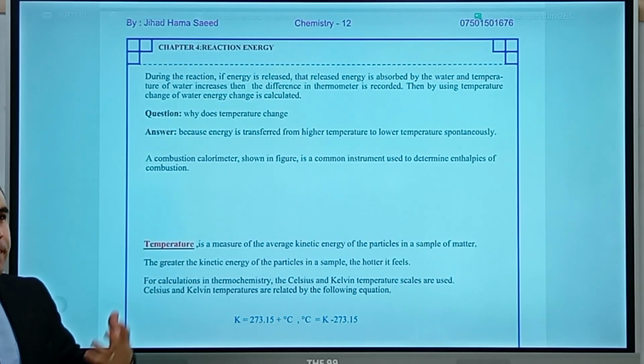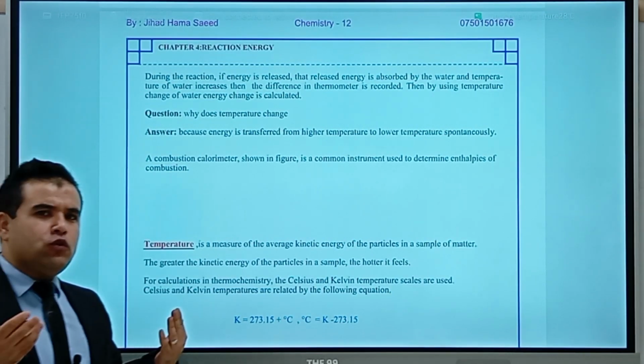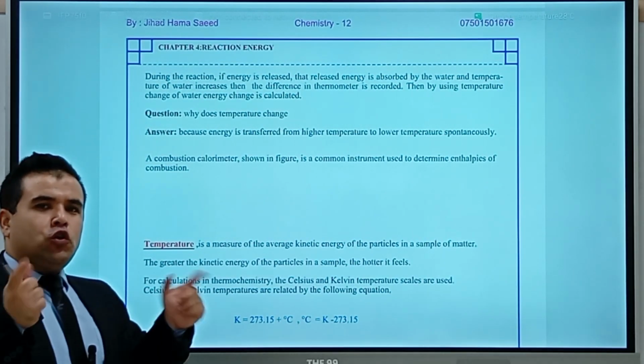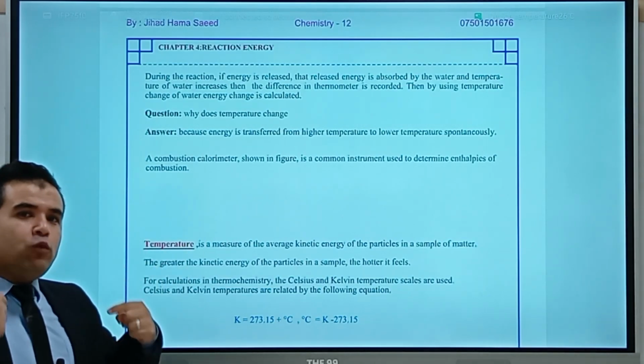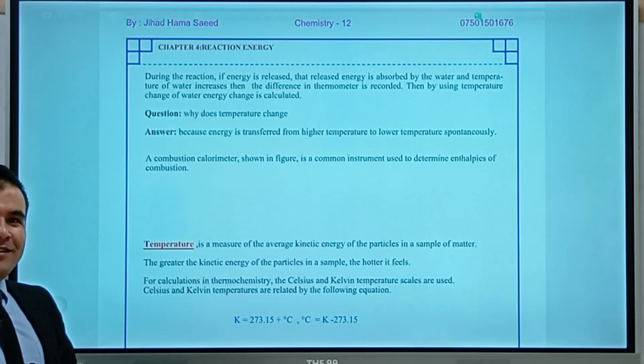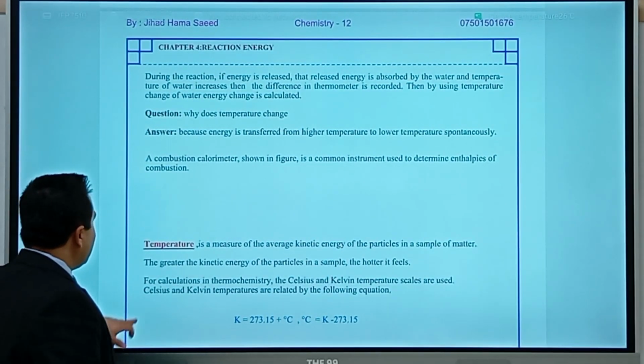That's why if the reaction is exothermic, spontaneously the heat from the reaction goes to the surrounding water. If it's endothermic, spontaneously the reaction absorbs heat from the surrounding water in order to proceed.